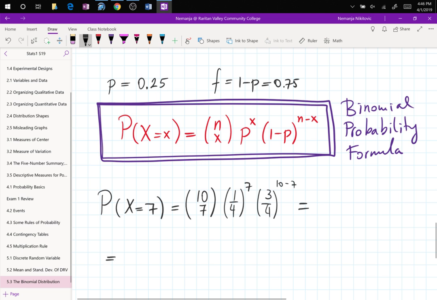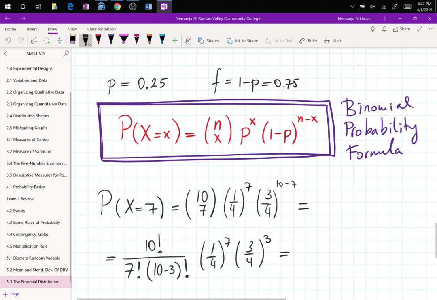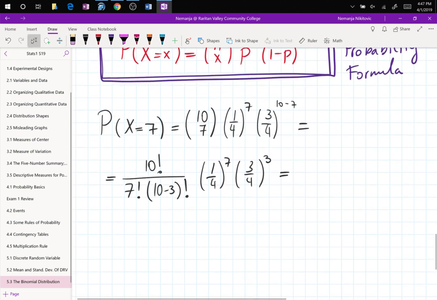Okay, so now I need 10 factorial divided by 7 factorial times 10 minus 7 factorial. And then I have 1/4 to the 7 and 3/4 to the 3. Now we just need to compute this.